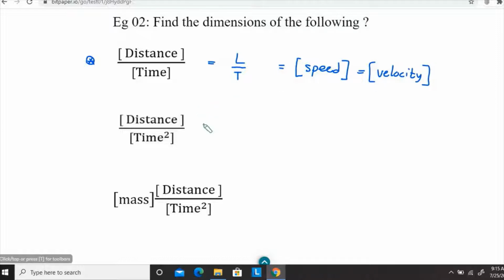The second one, dimensions of distance over dimensions of time squared. That means L over T squared. Again, this is important. This is what we call the dimensions of acceleration.